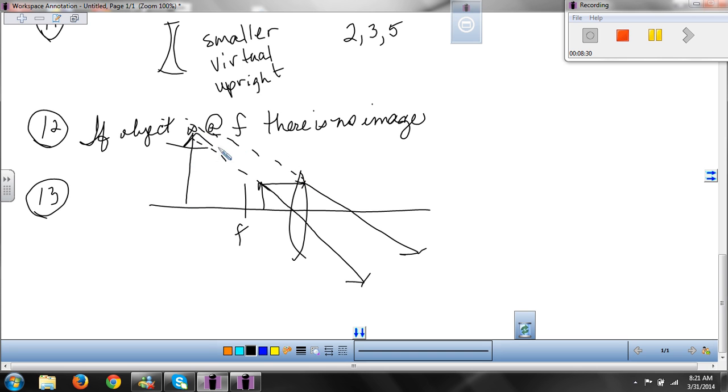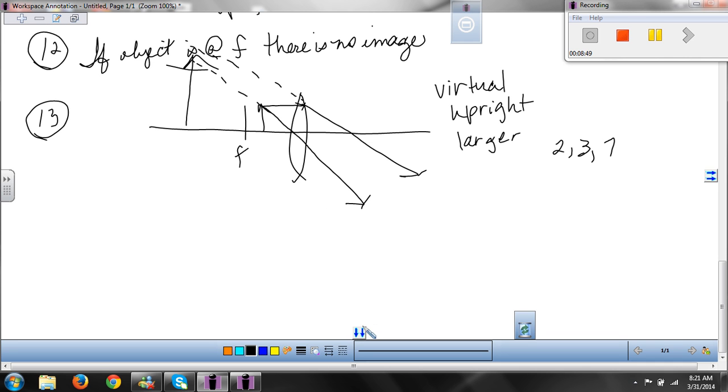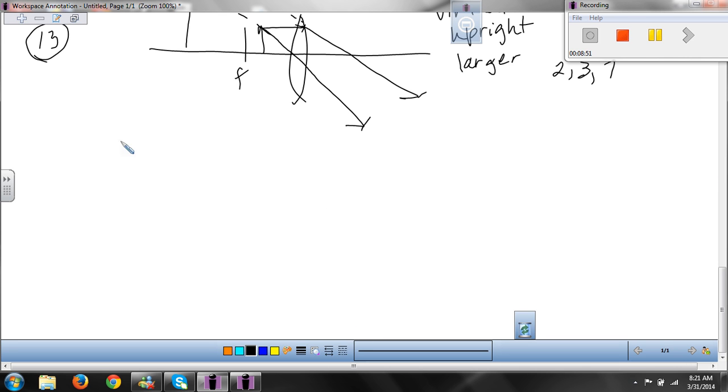So my image is virtual, it's upright, and it is magnified or larger. And so the answer on number 13 is numbers 2, 3, and 7. Okay? We'll do 14, and then we're going to save it and get on with a new recording.